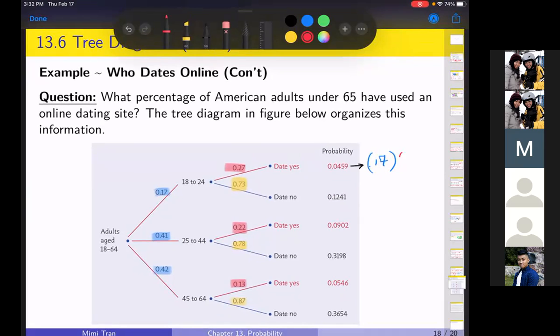And same thing with the second one, you take 0.17 times 0.73.